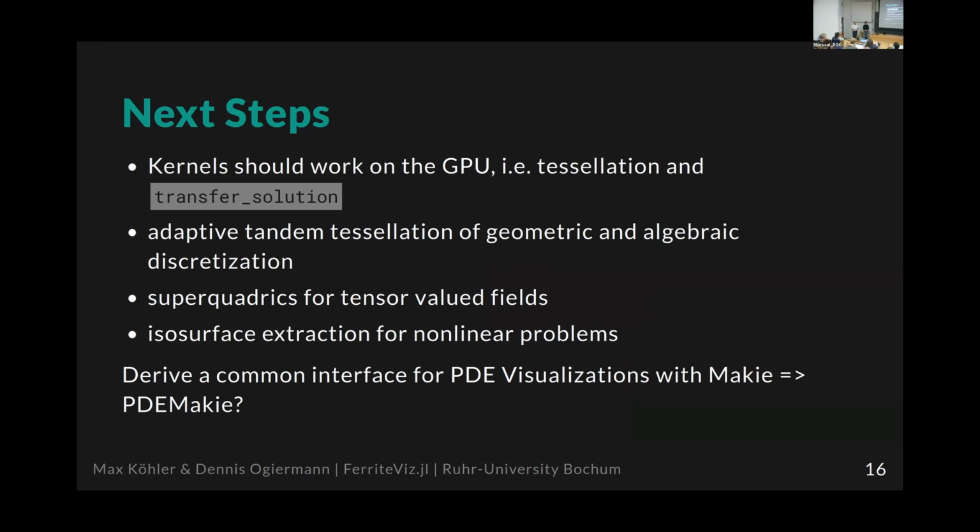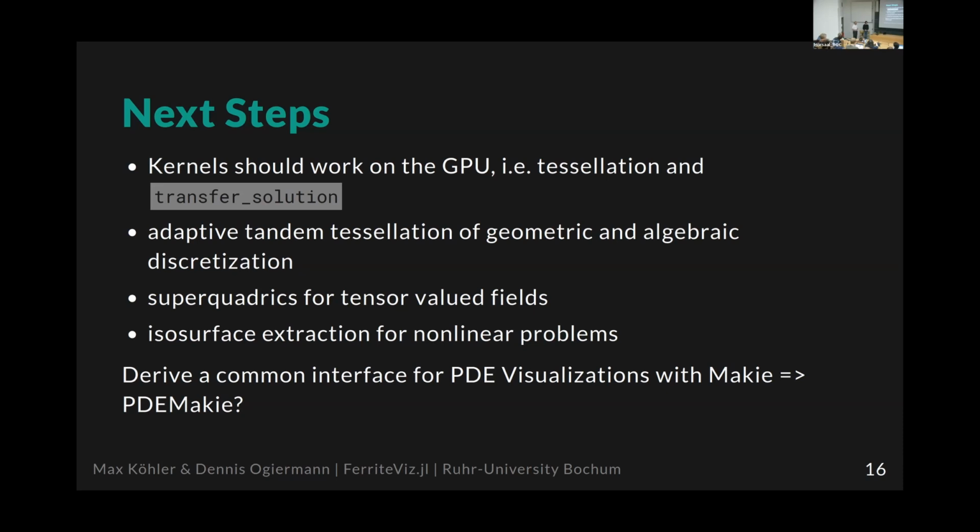Then there is a nice concept about superquadrics, where you have basically an ellipsoid, and based on some tensorial data, you deform this ellipsoid, and then you get an idea how a tensorial field is looking in your domain. And for this, we plan to use mesh scatter and then update basically the markers based on some deformation or something in this direction.